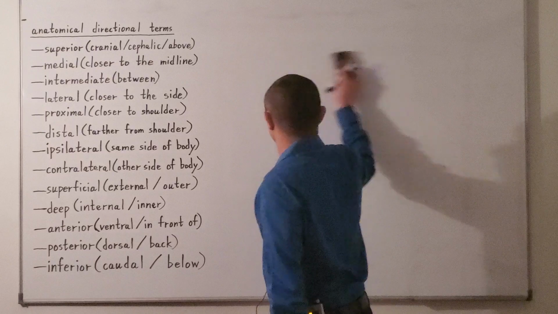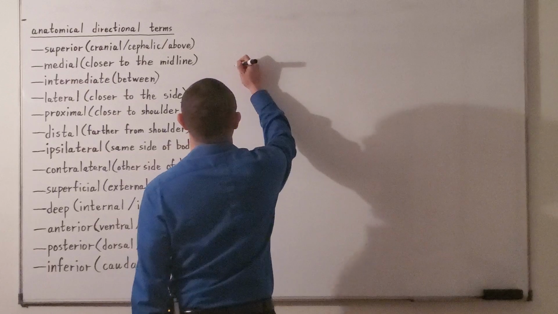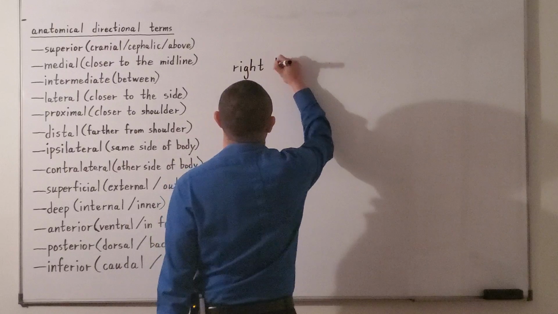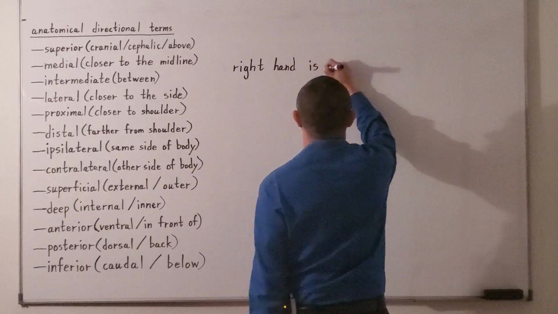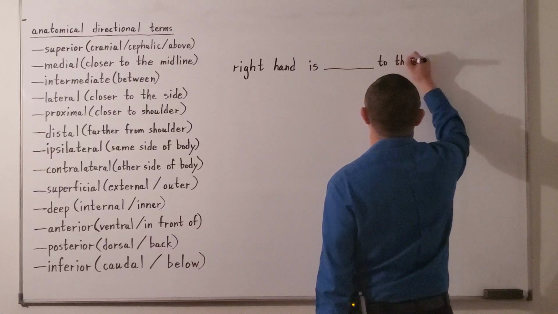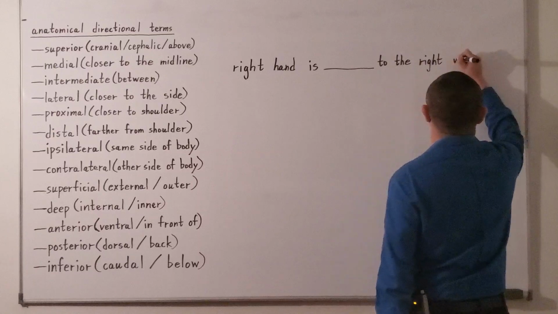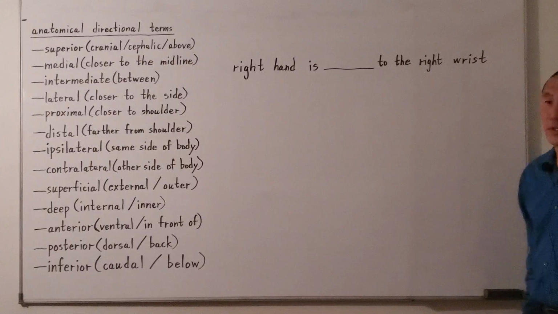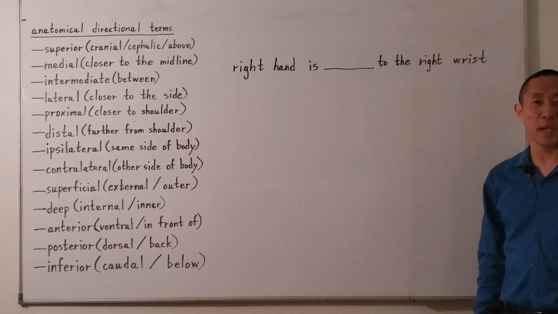Now, let's do another example. Here we have the right hand and the right wrist, so both are on the same limb.